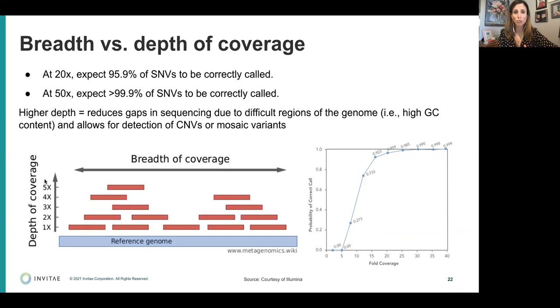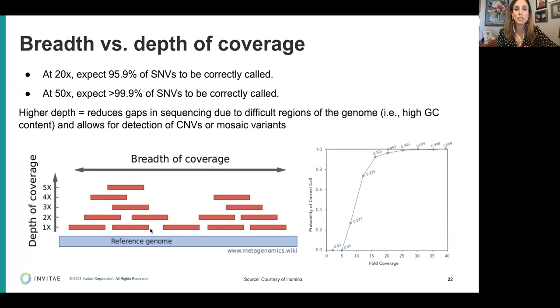So just to walk you through here, this is your reference genome or gene sequence. These are fragments of DNA that have been amplified from the DNA sequence from the patient. So at 1x coverage, you can see these fragments align, but there are gaps in where the fragments of DNA are covering the reference.